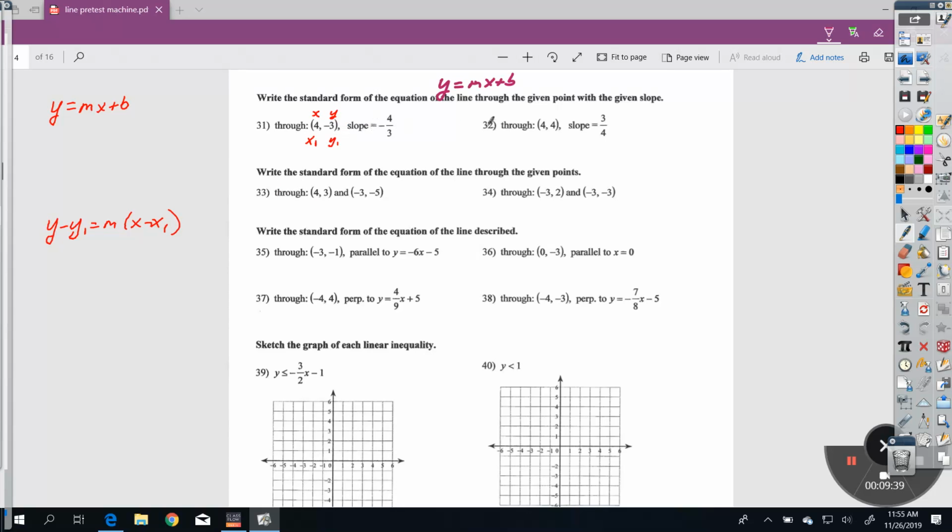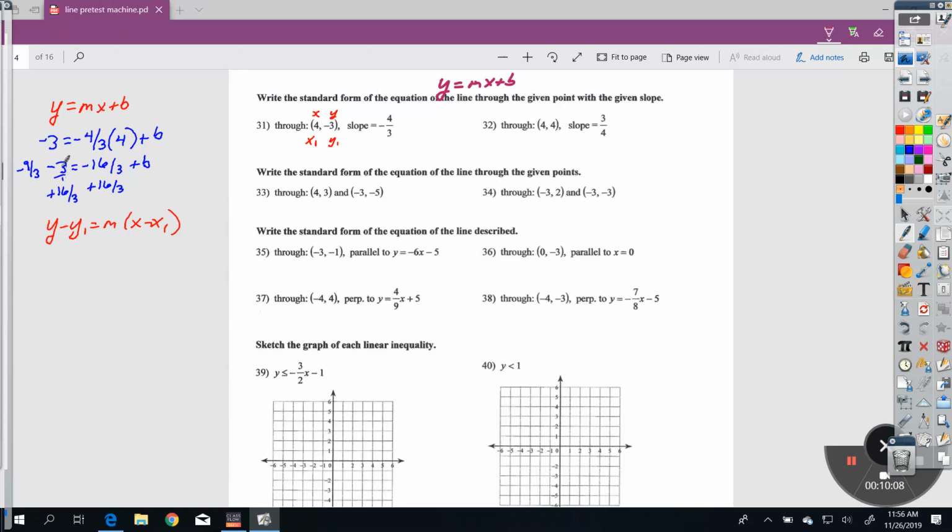And that's the slope. So if I use the first equation, y is -3, m is -4/3, x is 4, plus b. So -3 equals -16/3 plus b. So now I add 16/3 to the other side. So -3 is really like if I have 3 wholes and I cut them into 3 pieces, that's 9/3.